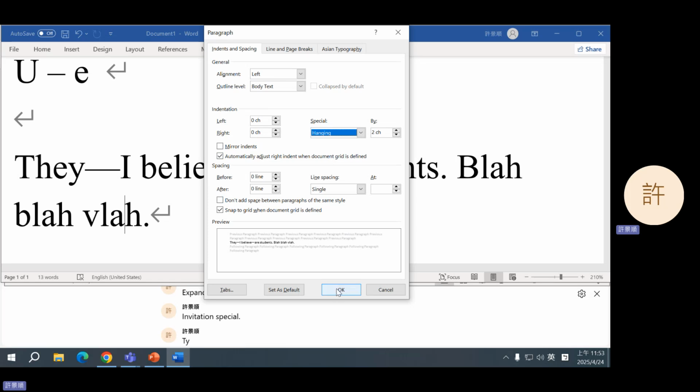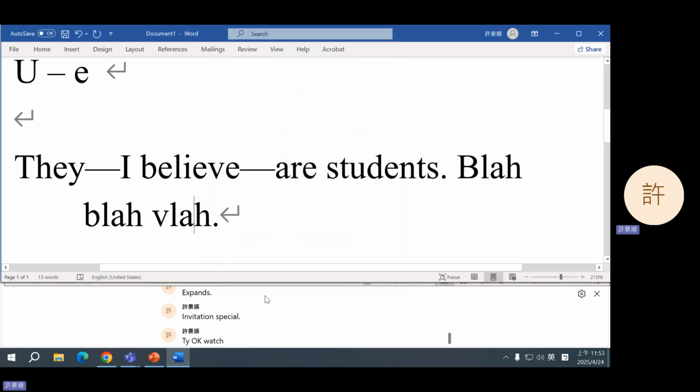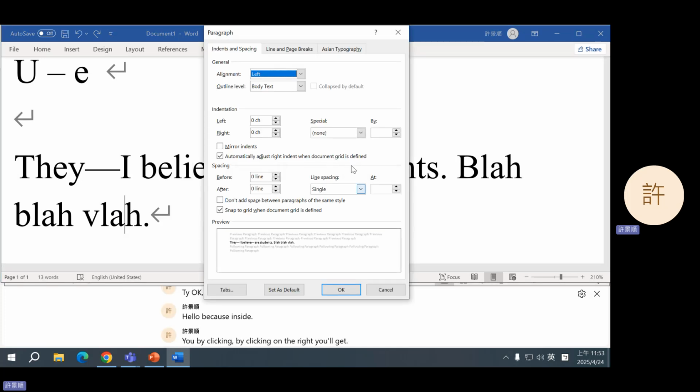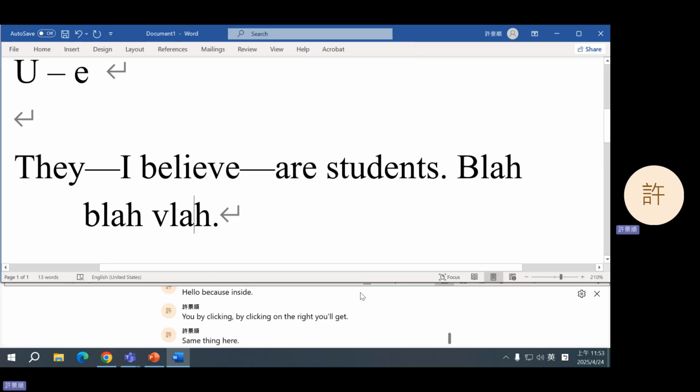Okay, watch. Ta-da, it goes inside. By right clicking, you'll get paragraph. Same menu. Okay. So that's how you do that.